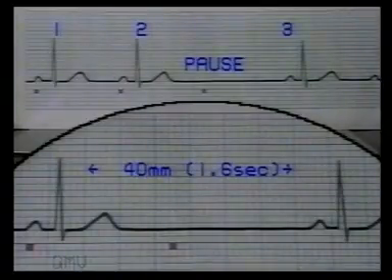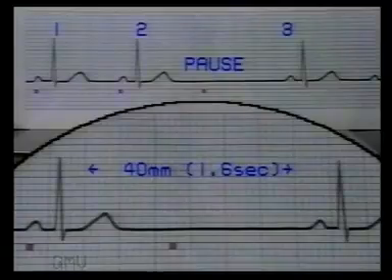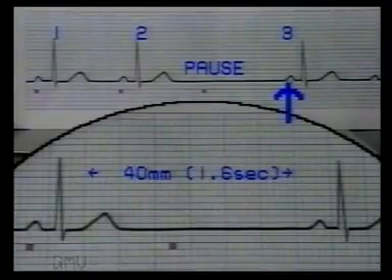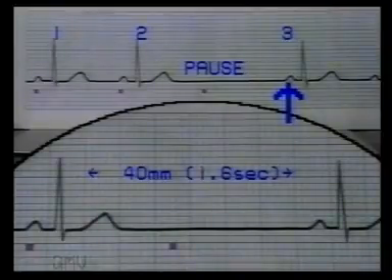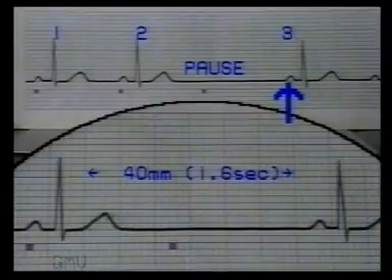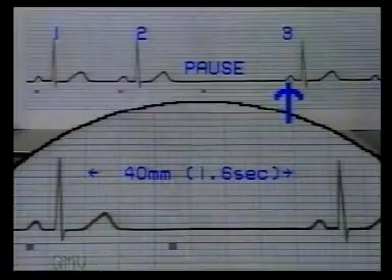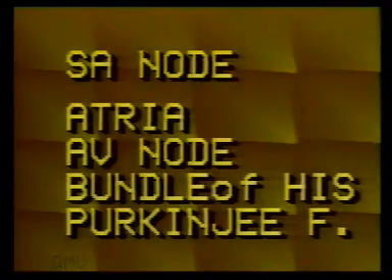This is sinus arrest. When sinus arrest occurs, the SA node may recover and resume the function again, as has occurred in this case after 1.6 seconds, or if it doesn't, then some lower ectopic focus will fire an impulse and stimulate the heart. It will be worthwhile remembering here that there are several pacemaker cells capable of firing impulses in the atria, AV node, bundle of His, and Purkinje fibers in the ventricles.